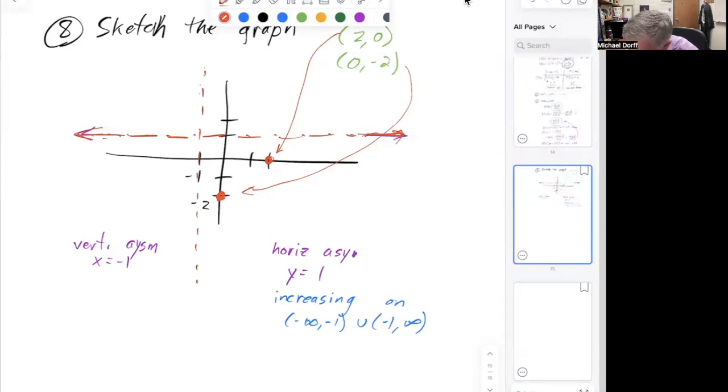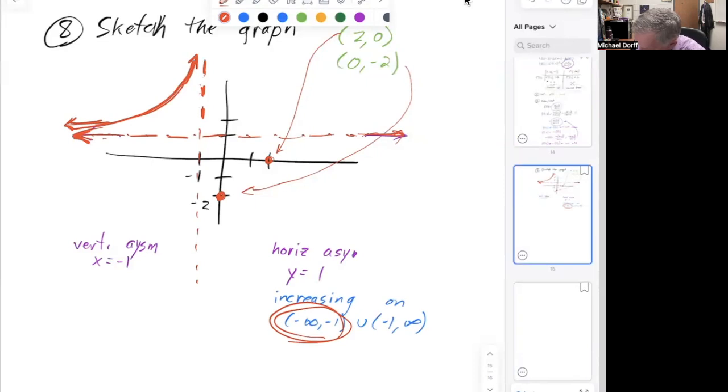So if it's increasing from -infinity to -1, and there's a vertical asymptote here at -1, that means it's going to have to be going up like this. And if I've got a horizontal asymptote on the far left, it's going to be going like this. So it's going to be increasing in this interval. So I'm going to say my function is going to look kind of like that.